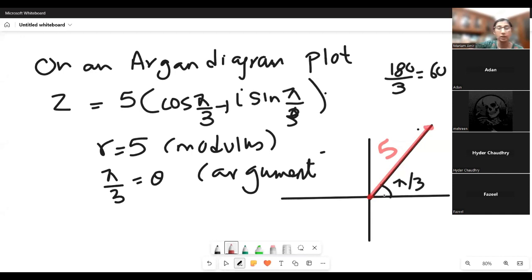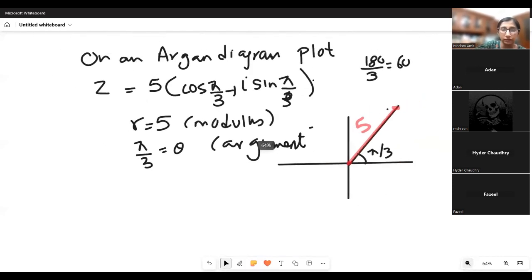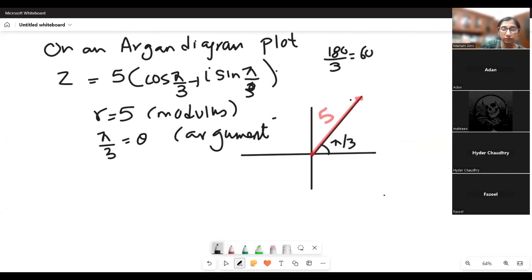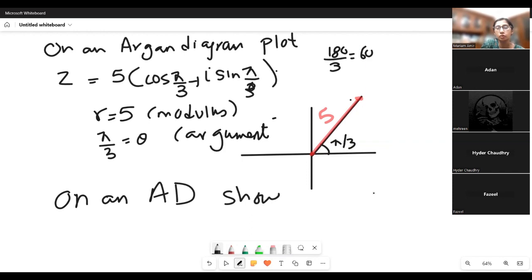Again, this might be asked like this: on an Argand diagram, show modulus equals 5 and argument equals pi by 3. It means exactly the same thing.